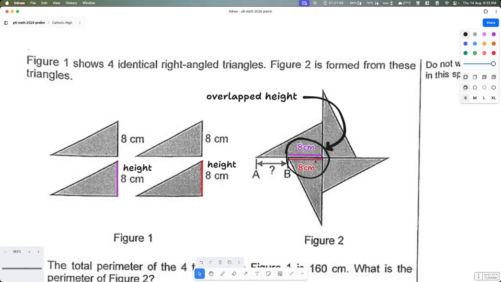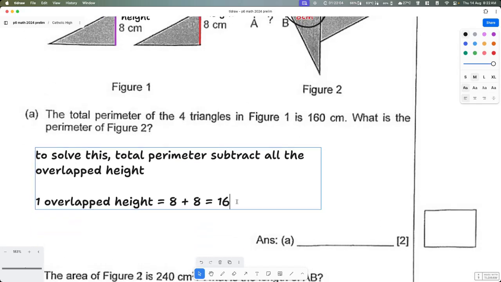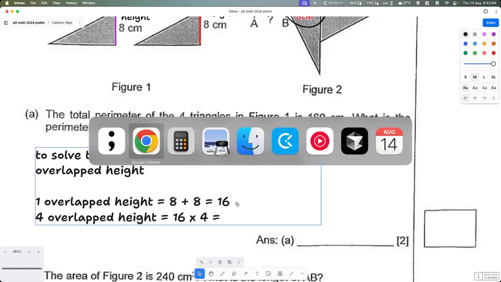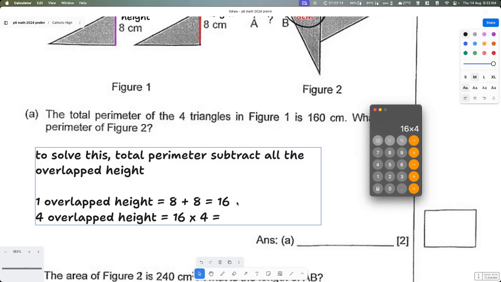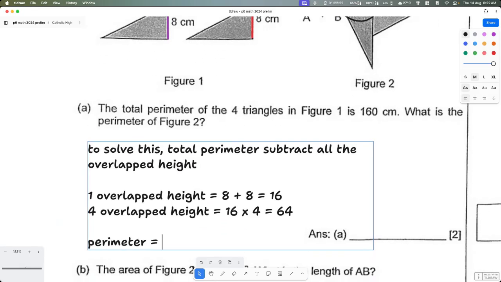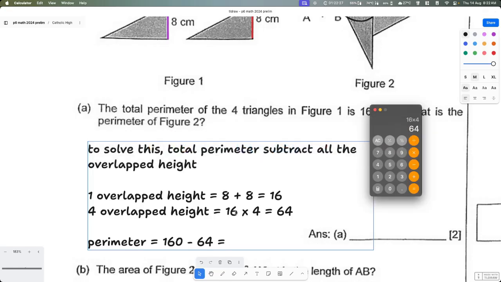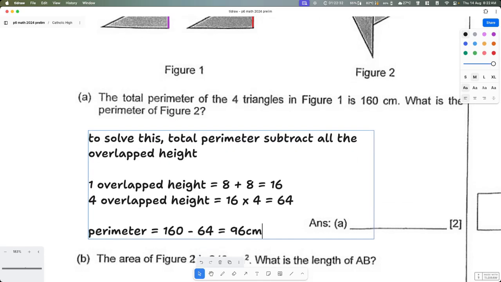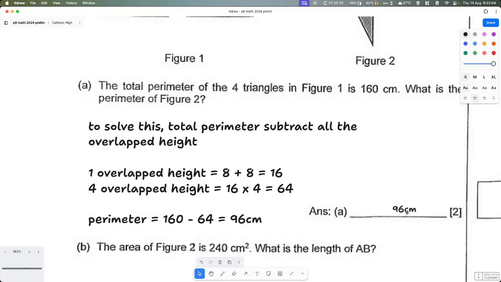At the same time, we have 4 overlapped heights, so 16 times 4. 16 multiplied by 4 is 64. So perimeter is equal to 160 minus 64, which is 96 centimeters. That's it, that's the answer to this.